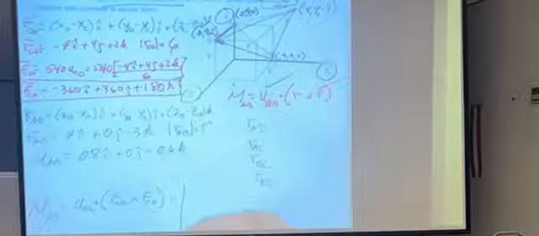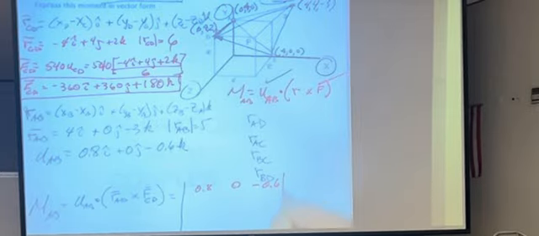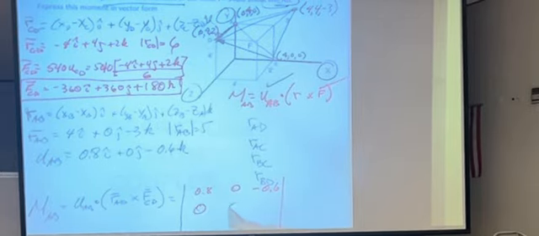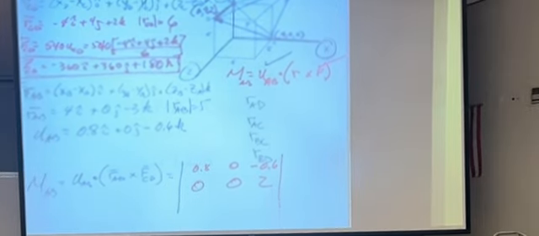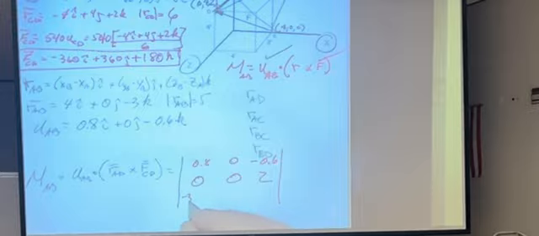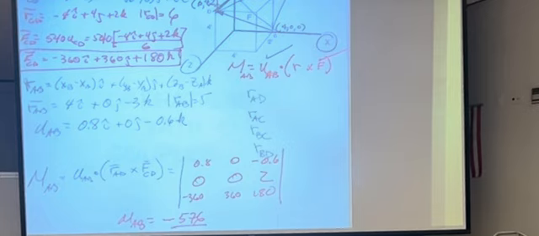This is the determinant. 0.8, 0, minus 0.6. RAD is 0, 0, 2 because it's 2K. And then here's the force, minus 360, 360, 180. MAB, therefore, is a magnitude of minus 576. That's it. Nothing hard. It's straight up, easy peasy.